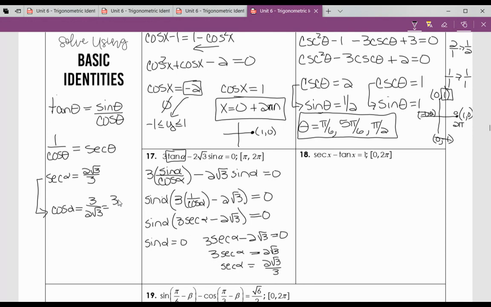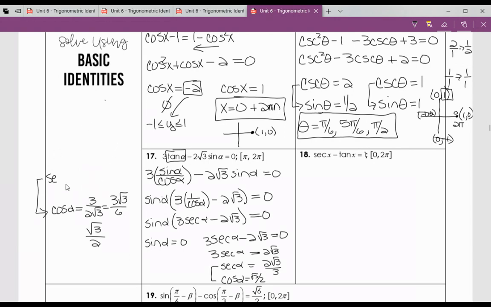That gives me 3 square roots of 3 over 6, and that reduces to square root 3 over 2. I am very familiar with a whole bunch of square roots of 3's over 2. So this changed to cosine alpha equals positive square root of 3 over 2. So the first number we're going to look for, it's a lot of work, I know, pertains to sine alpha equaling 0.